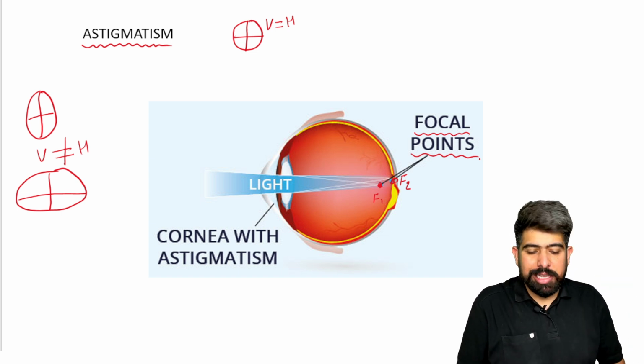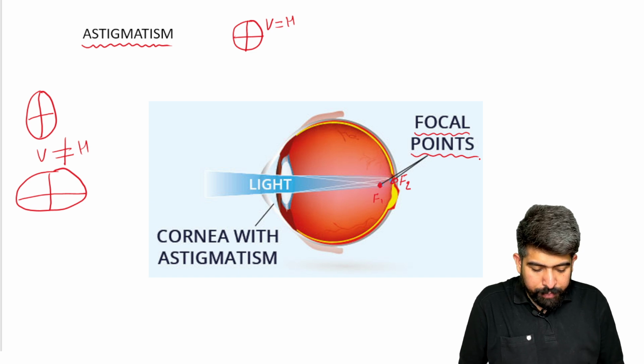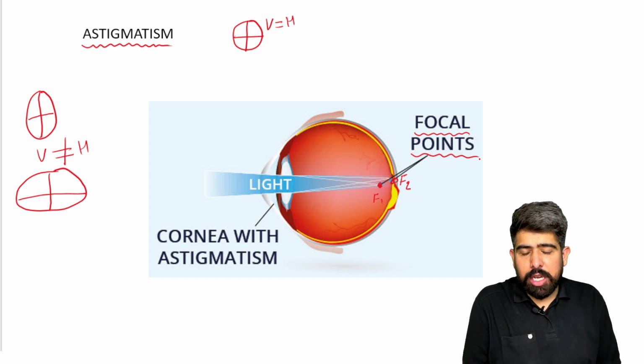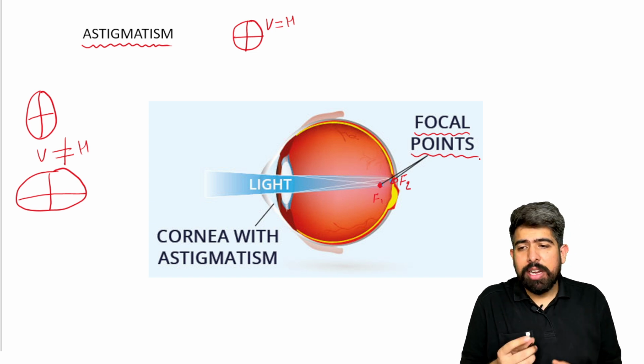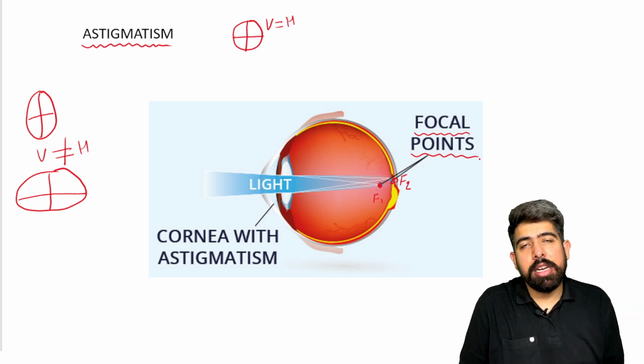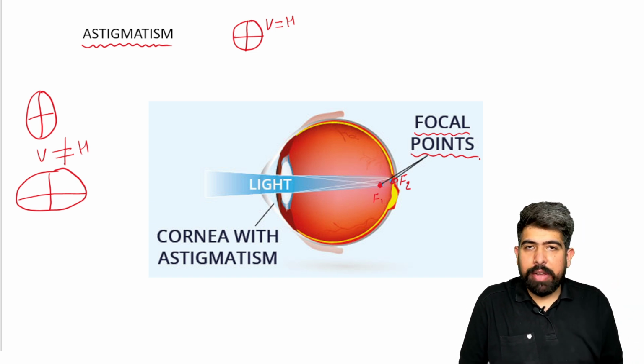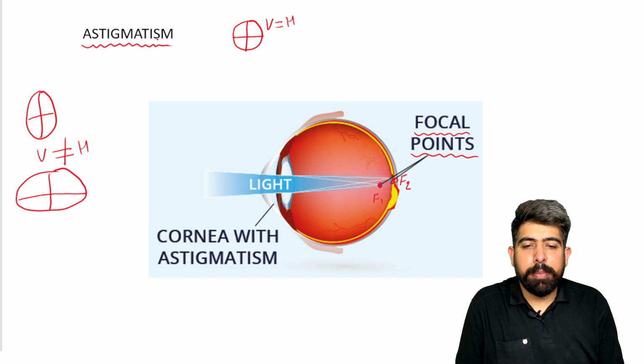If I'm talking about astigmatism, what will happen? Will there be farsightedness or shortsightedness? No, it depends on the type of refractive error. Just remember, with astigmatism the patient will face blurring of vision.